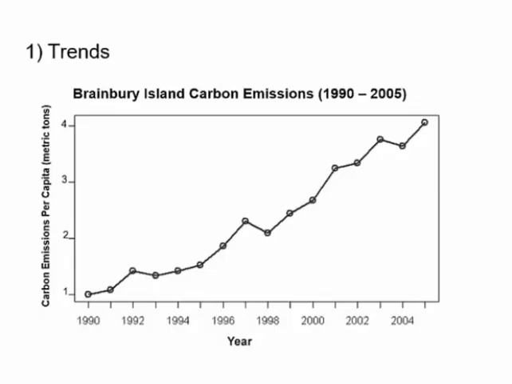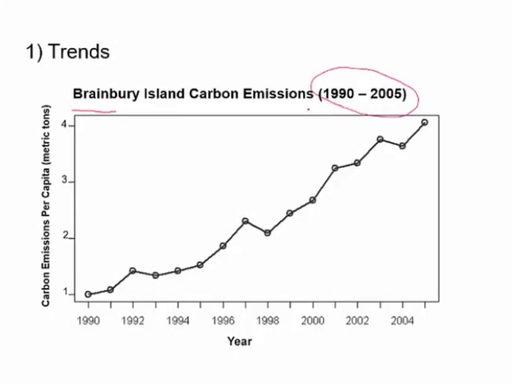Let's start with the first visual that we have here. We're looking at our basic information. We're looking at Brainberry Island carbon emissions, and the time represented here is 1990 to 2005. So there's where we get some of our basic key information.